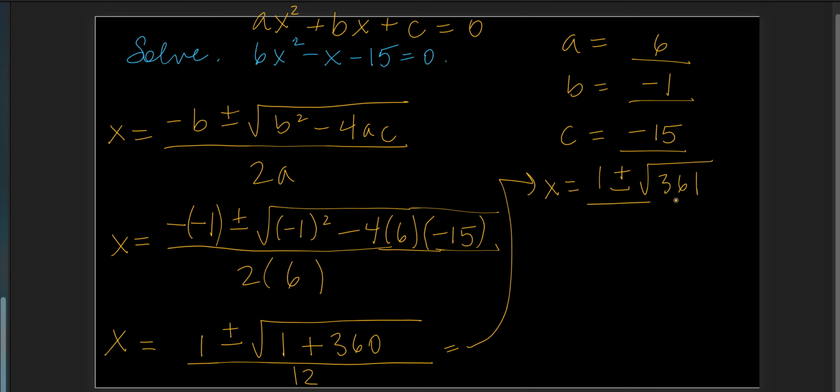I don't know if 361 is a perfect root. I'll check with my calculator. Square root of, oh, come on. Happens to be 19. So I have x equals 1 plus or minus 19 over 12. So I have to simplify this in this way. I'm going to take this and make a new slide.